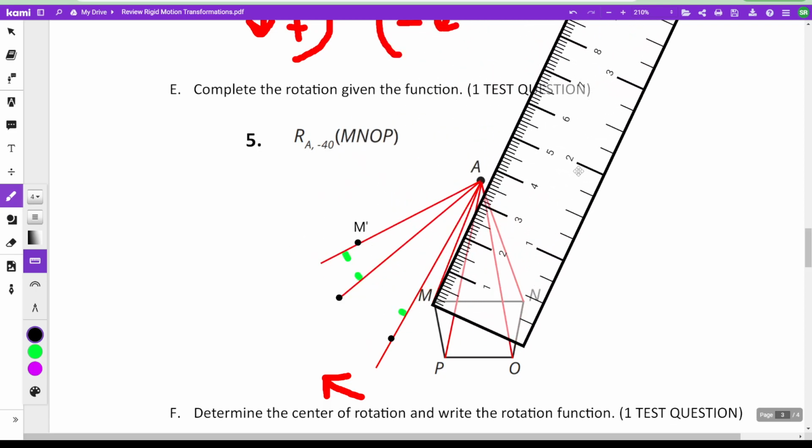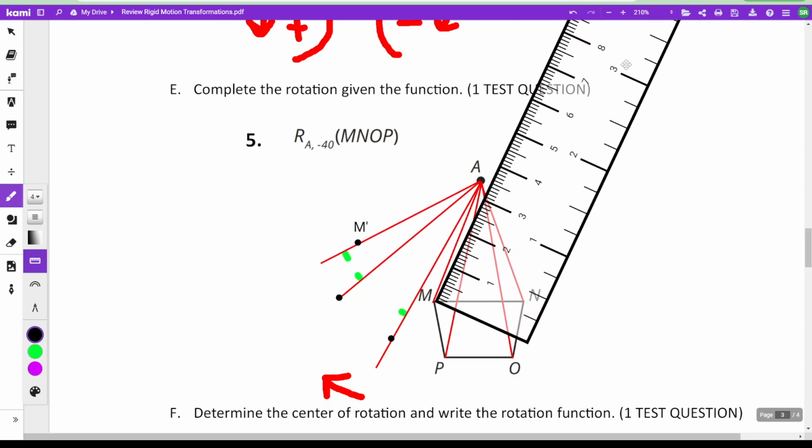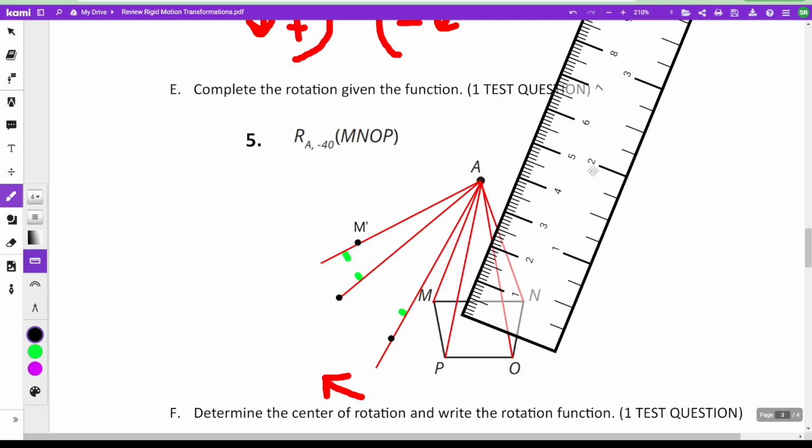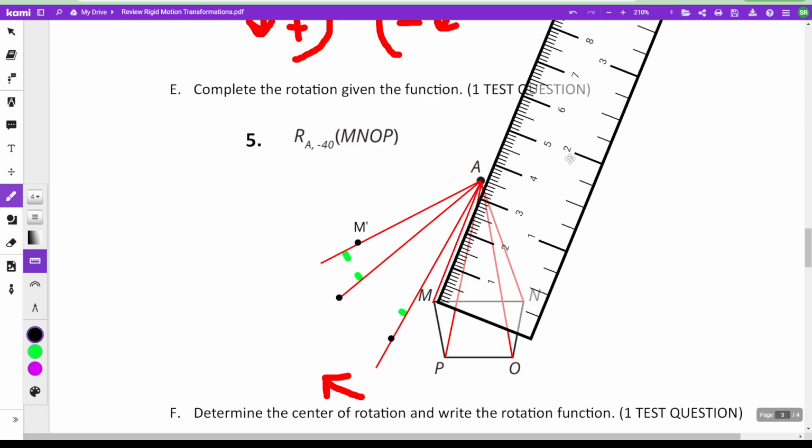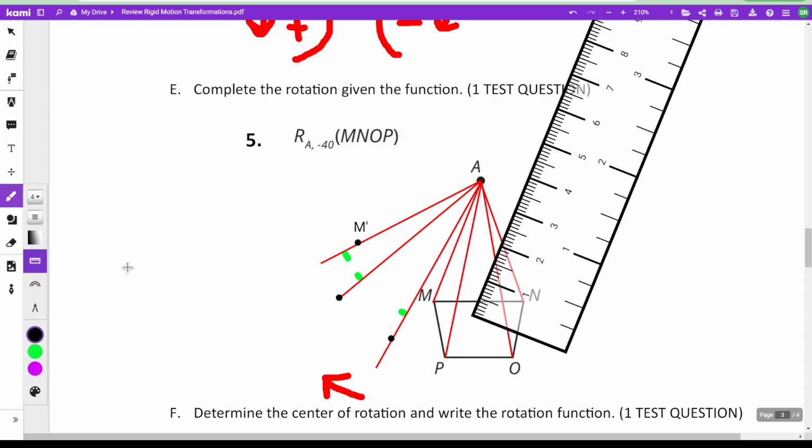Okay, this is very difficult. So 3.5 is about right around where M is. So we're just going to mark it where M is. There, that's N prime.